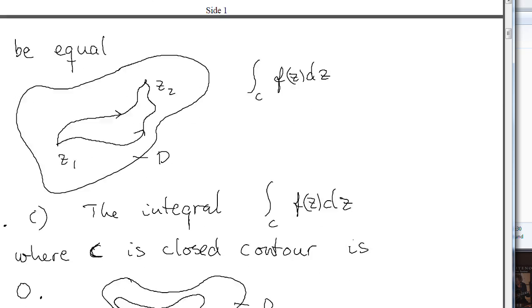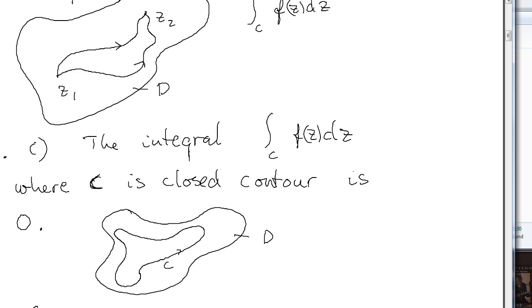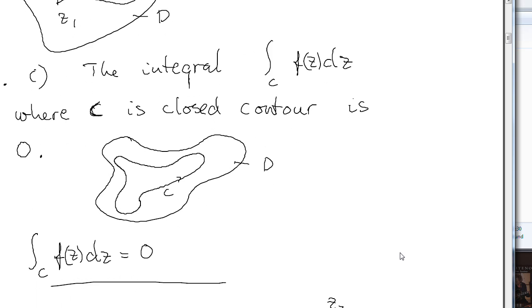So we have now two statements which are equivalent, and we also have a third statement which is the following. The integral over C of f of z dz, where C is any closed contour, is 0.